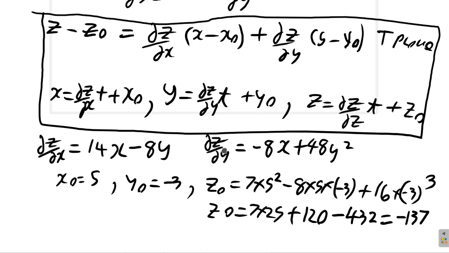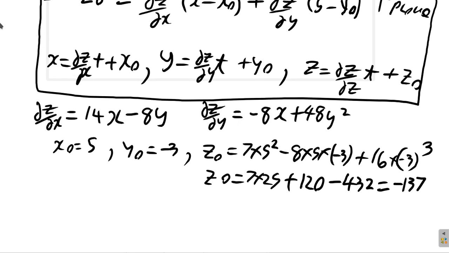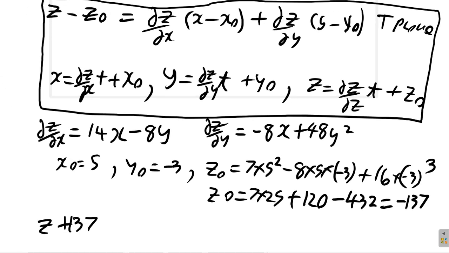Tangent plane equation: z minus z naught, z minus negative 137, that's z plus 137, equals delta z by delta x at that point.